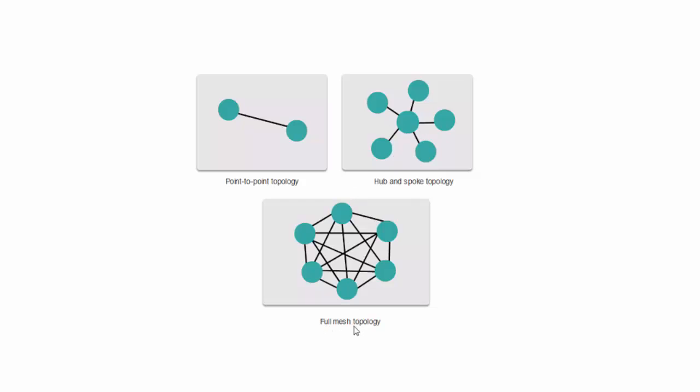Also, the mesh topology, which consists of multiple point-to-point connections between a group of devices. So each device here is connected to all the other devices using point-to-point connections. Of course, mesh topology is rather complicated, and in terms of maintenance, it's the most expensive amongst all these topologies, due to the fact that you have to maintain full connectivity between all these devices together.